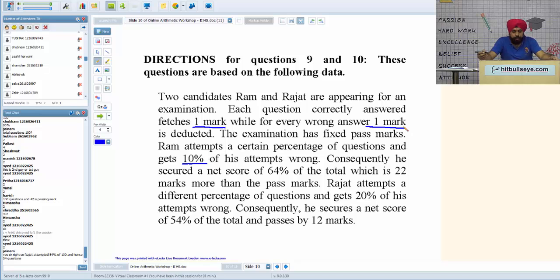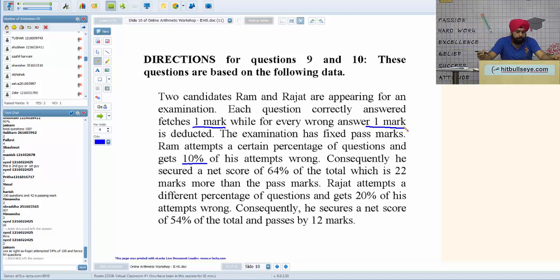So if he gets 10% of his attempts wrong, this means his score will be 80% of his attempts. Reason being, out of 100% that he attempts, you're talking about percentage, 10% he made wrong, so he will not get marks for those, and 10% of his marks will be deducted, because negative marking is equal to the marks for every question.